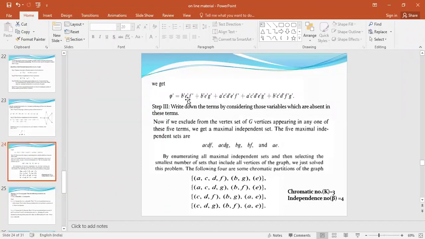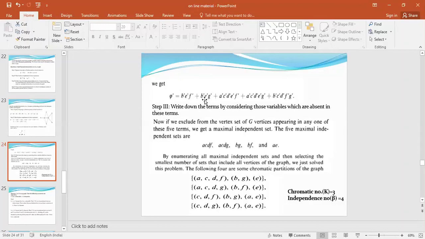Like B, E, and F. So it is B, E, F. So A, B, C, D, and G. So corresponding to B, E, and F, it is this term A, C, D, G.